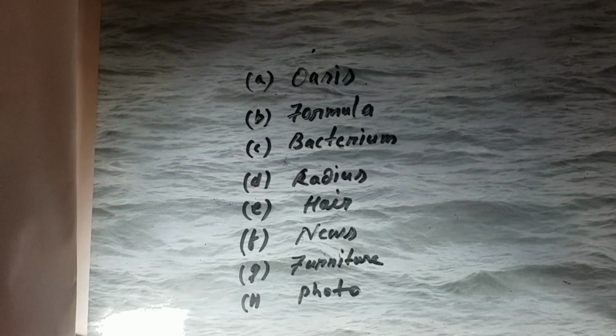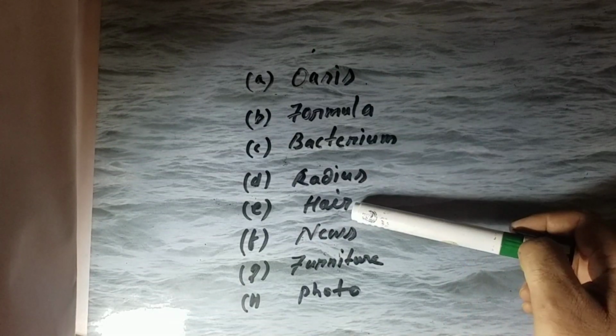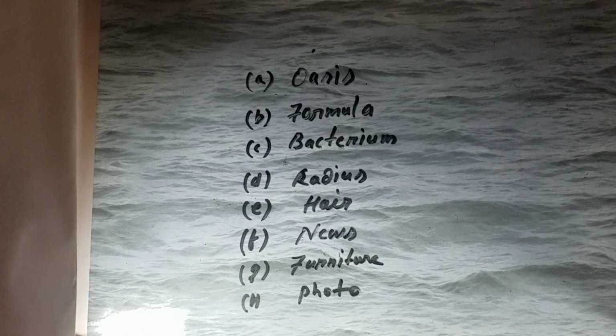So, my dear students, you now have 8 typical nouns and you have to change them into plural forms. I know they are not so typical, they are so easy. But you should try once. What will be the plural form of the word oasis? Formula, bacterium, radius, hair, news, furniture, and photo.